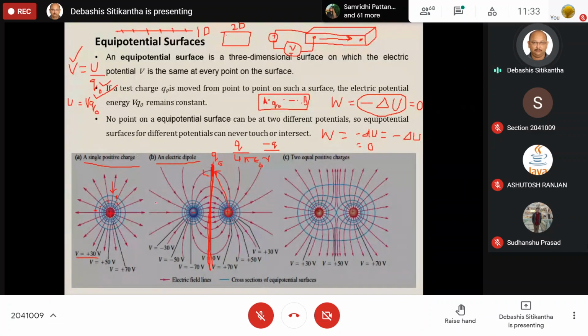Now, if we move further on this side, you are going to have the effect of the negative charge individually. And if I move on this side, it is only the positive charge. So naturally, again, these are going to be equipotential surfaces, but they are again going to be spheres.